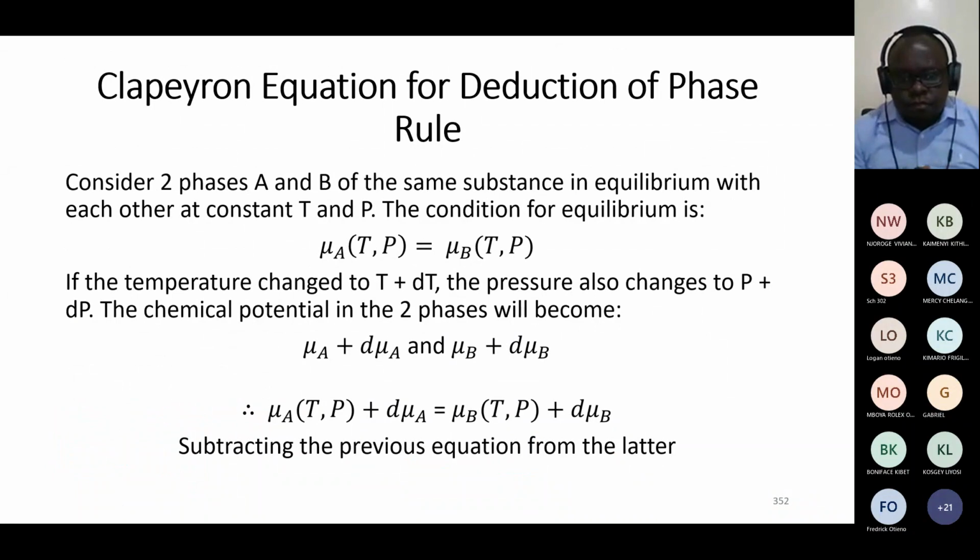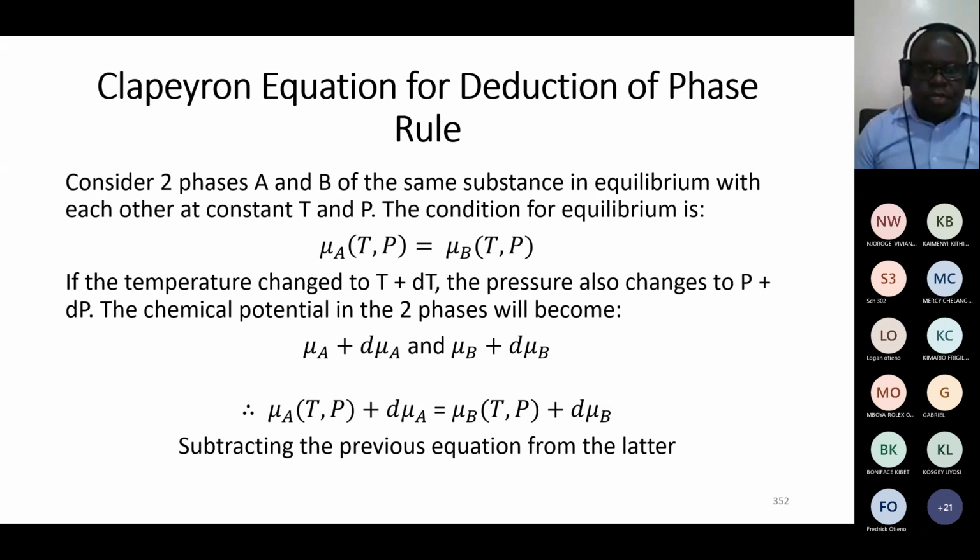Now, we have also encountered the Clapeyron equation, and we can use it for the deduction of the phase rule. Consider that you have two phases, A and B, of the same substance in equilibrium.